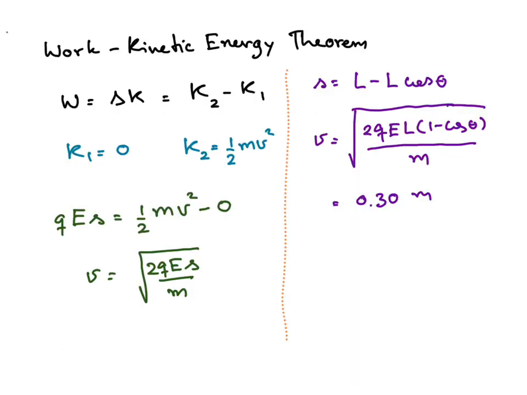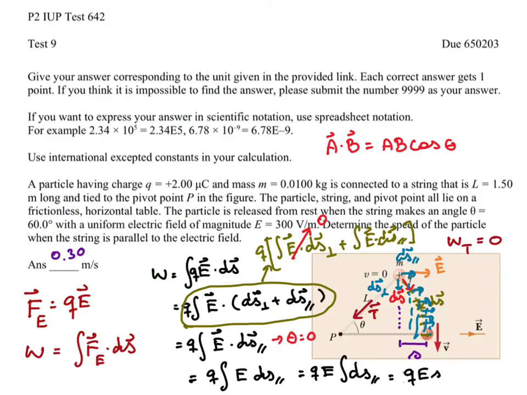But what is the value of s? When we look at this figure, s is equal to the difference of the length of the string and the length of the projection of the particle at the initial position, right? You can see that this projection is equal to L cos theta, because the total length of the string is L and this is the angle theta here.